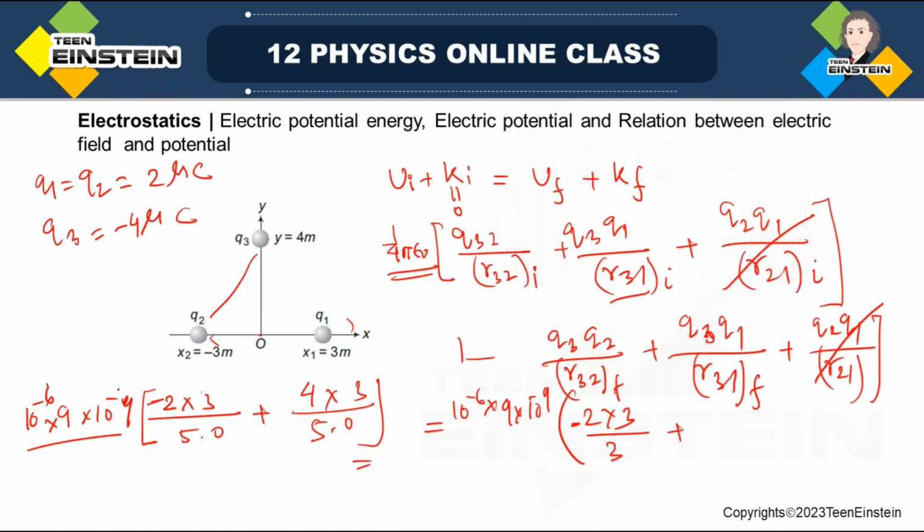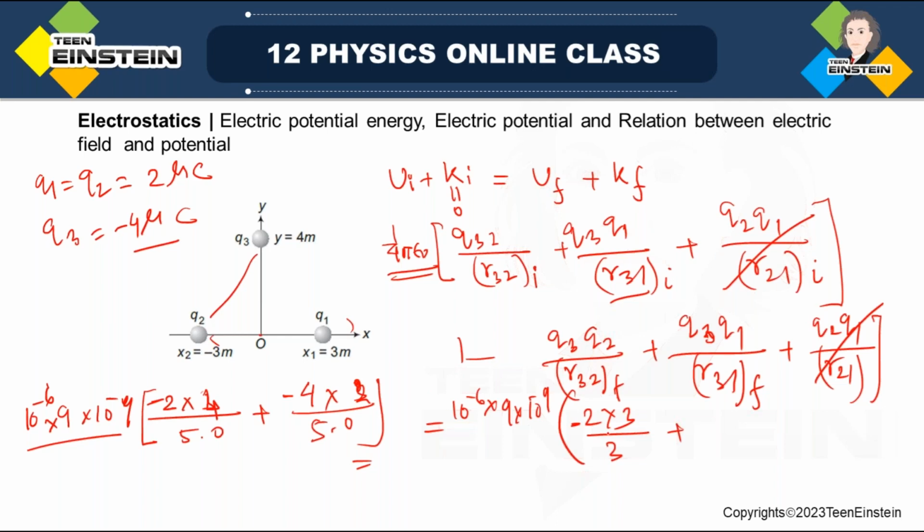So according to this, if we do the calculation, for Q2 Q3, Q3 is minus 4 and Q2 is 2.